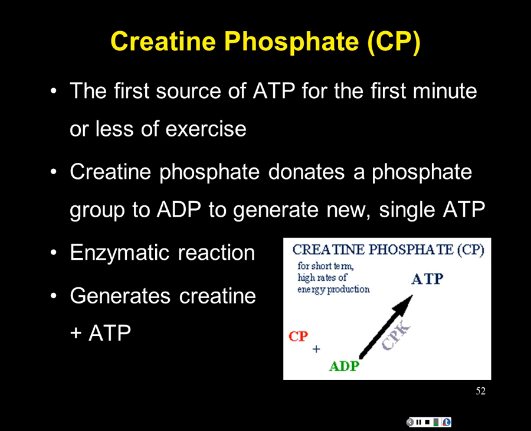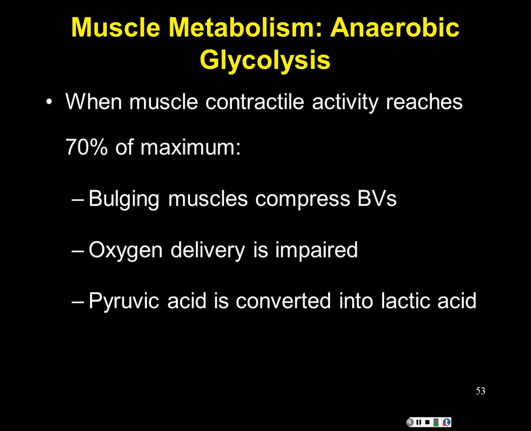However, if skeletal muscle activity continues, we can use other molecules such as glucose, and glycolysis is the predominant metabolic pathway when you do more prolonged types of exercise. Okay? And so when you're becoming physically active, at about 70% of the maximum ability of a skeletal muscle, something really counterintuitive happens.